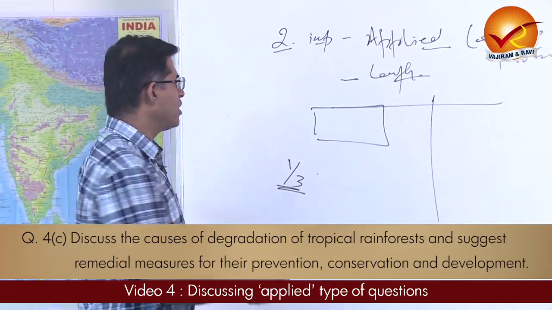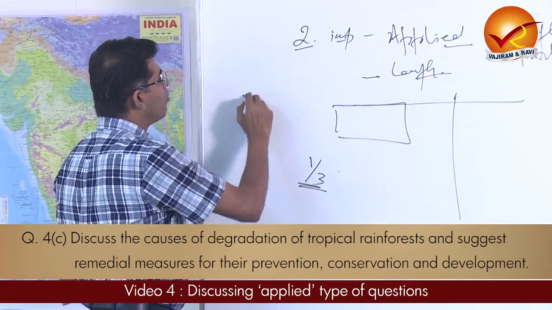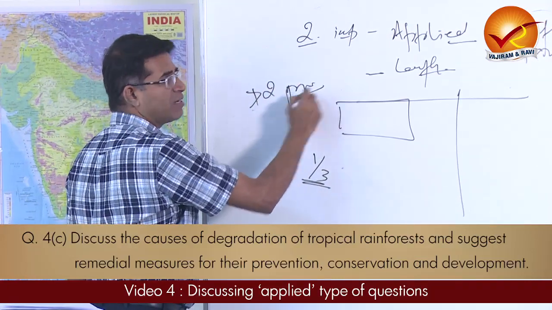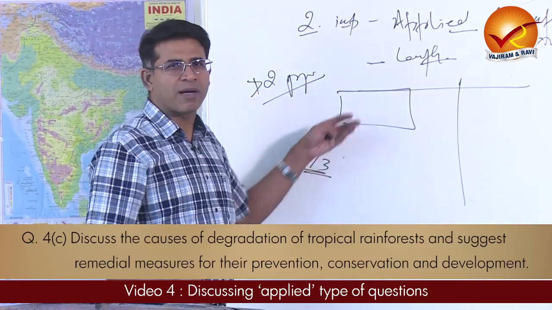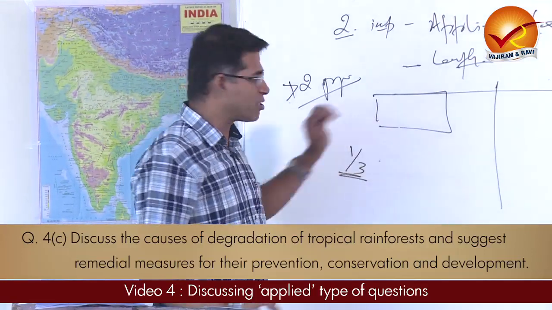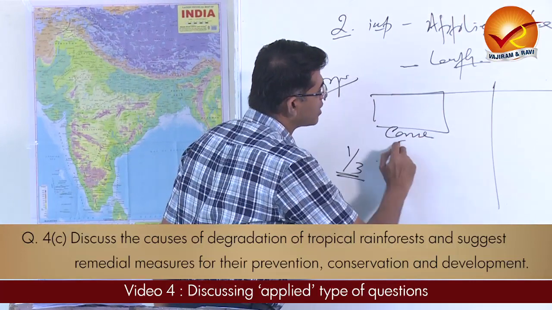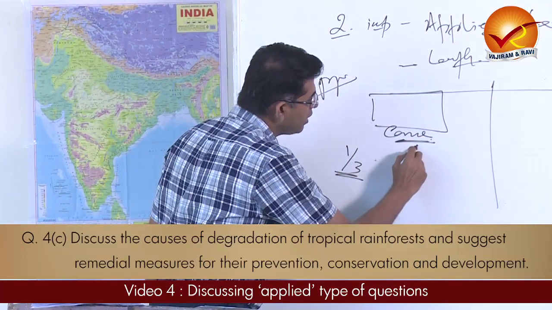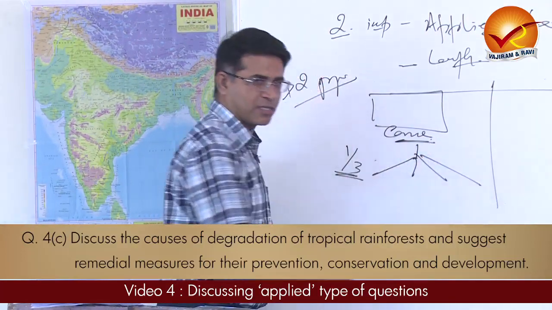So for a 15-mark question, I do not see more than 2 pages for this answer. So 1/3, just about more than half of the first page, could be your causes. And the causes should be discussed through schematics.